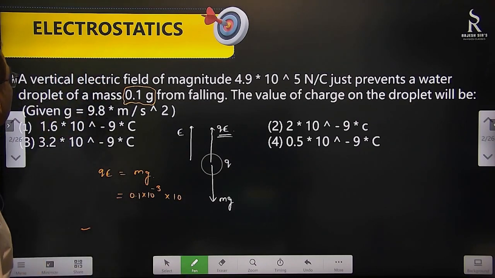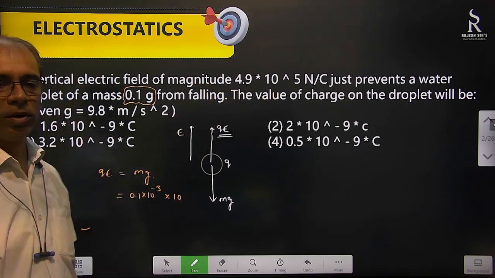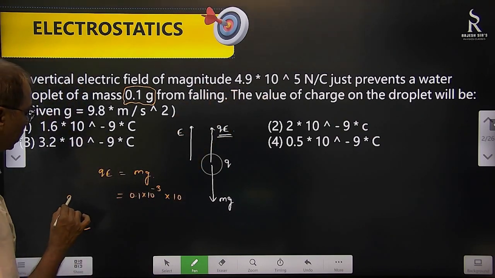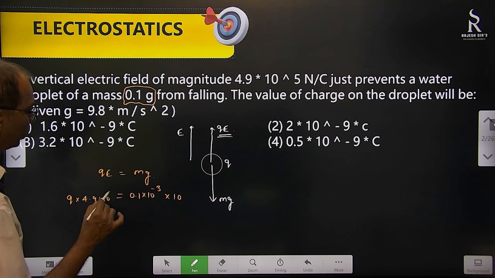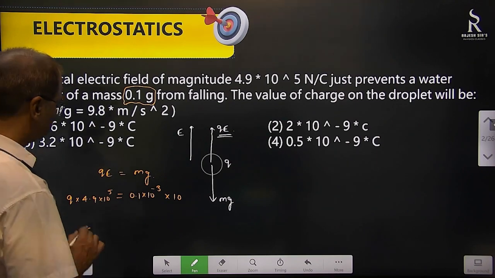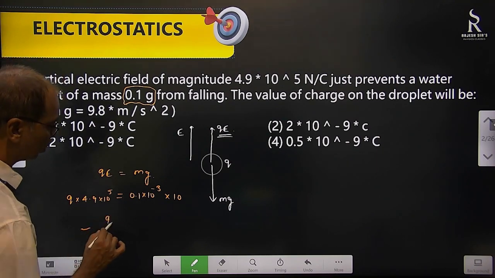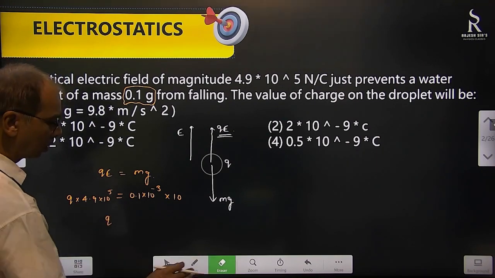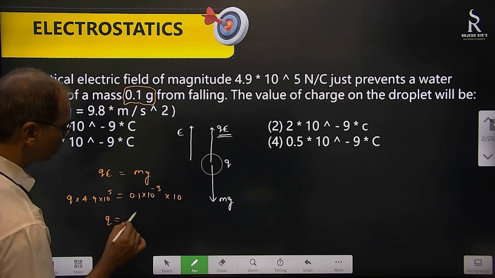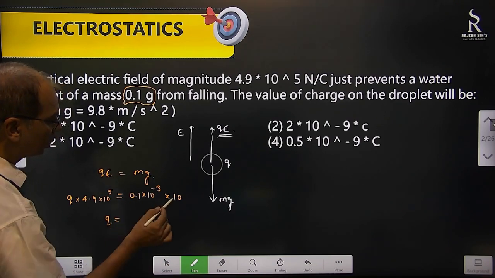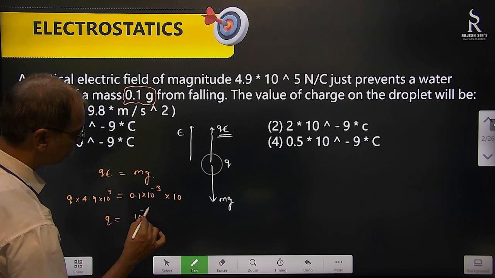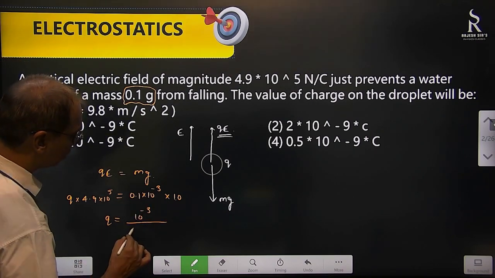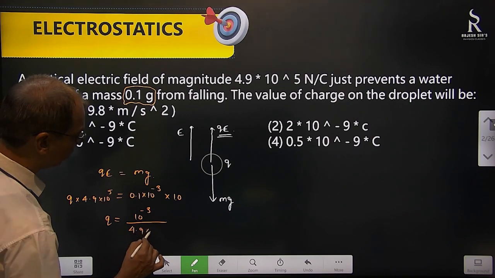Then how much is the electric field value? 4.9 into 10 to the power 5. So q is here as it is, into 4.9 into 10 to the power 5. Alright, so what is q then? q is equal to 0.1 into 10 becomes 1, so here is 10 to the power minus 3 by 4.9 into 10 to the power 5.